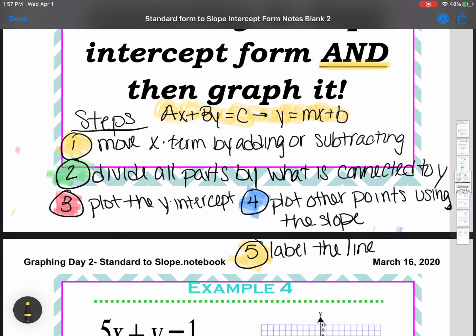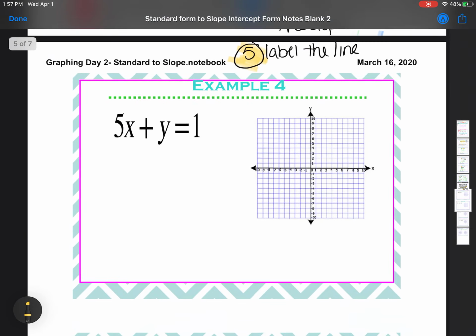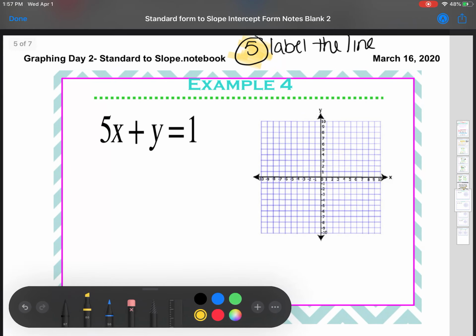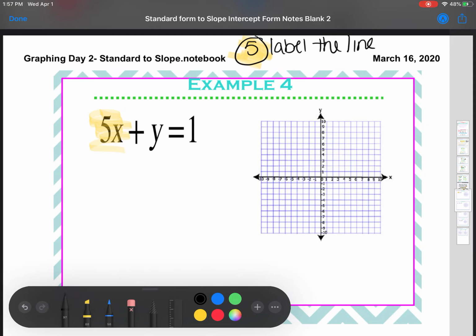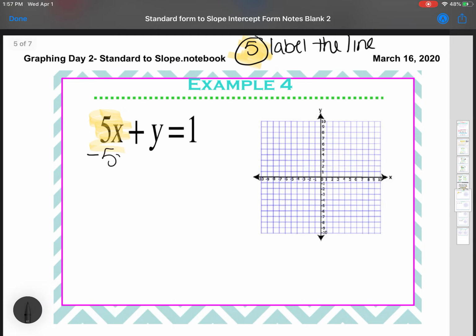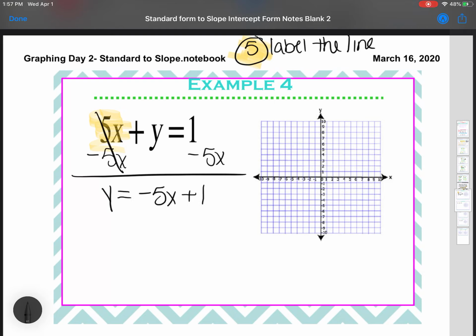Okay, so we'll do this nice and slow, and try and figure this out. So first I have to move my x term to the other side. So I'm going to subtract 5x. Then I have y equals negative 5x plus 1.